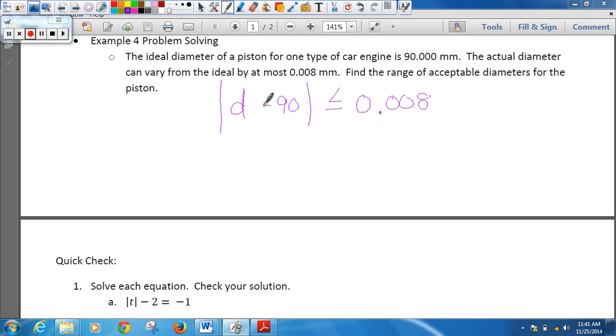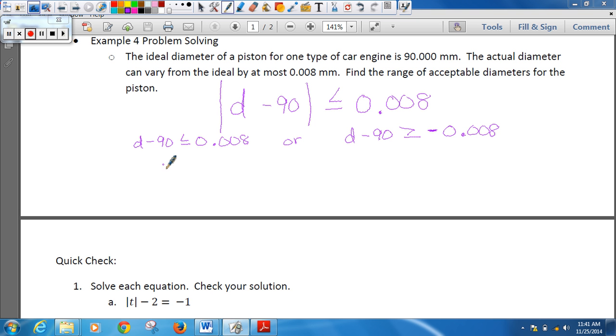So now we solve it. Remember, if there's numbers inside of the absolute value, we write our two options. We have d minus 90, and we copy it exactly like it is without the absolute value symbols. Or the next one, everything inside the absolute value stays the same, you flip the inequality sign, and you change the sign on our constant.